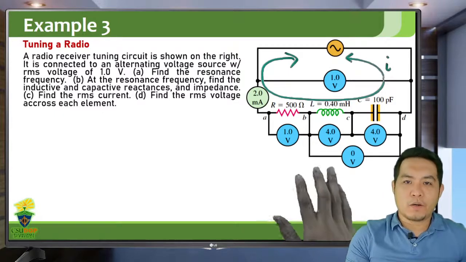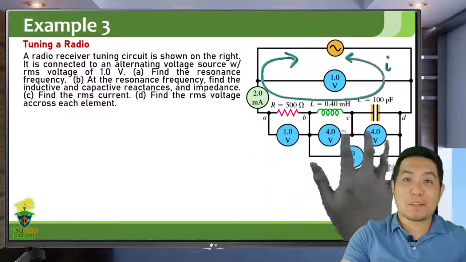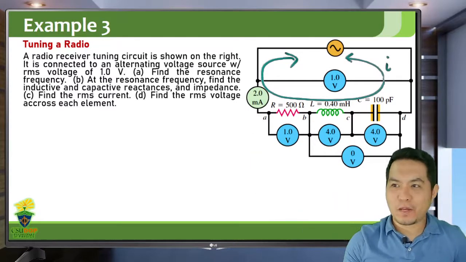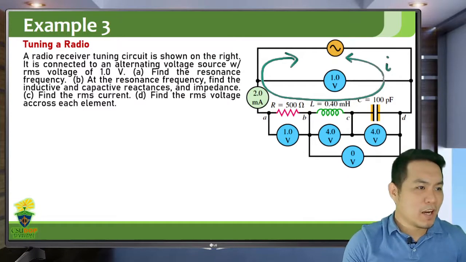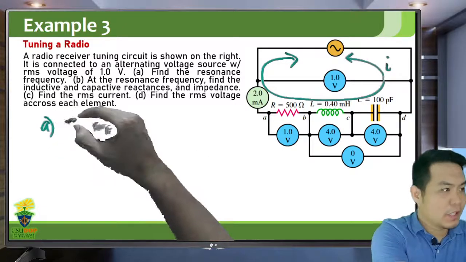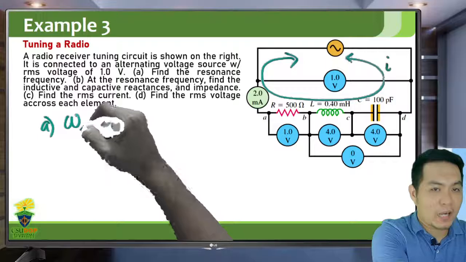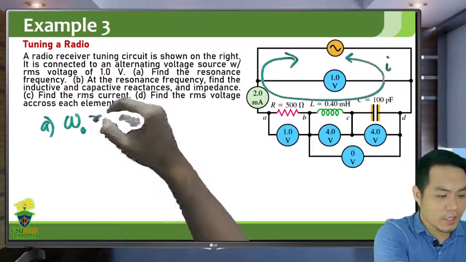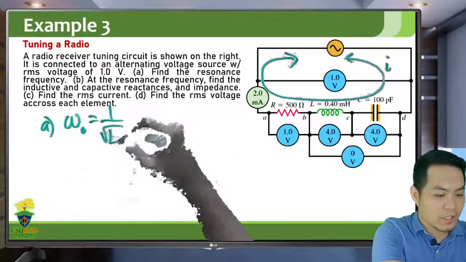So these are actually the answers. We'll try to obtain these answers. For letter A, find the resonance frequency for this LRC circuit. The resonance angular frequency is 1 over square root of LC.